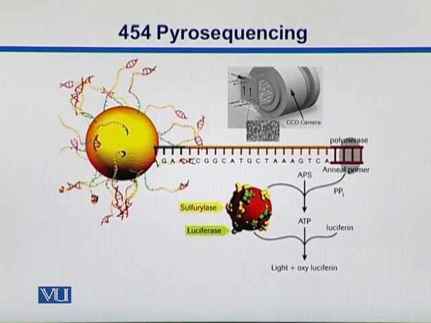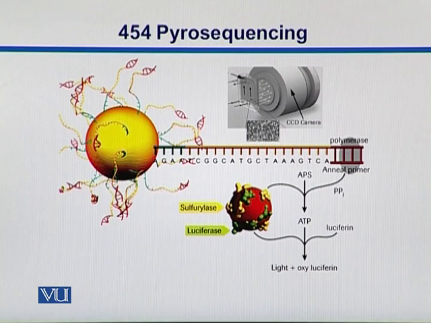Here we look into it in detail. We see a bead where we have amplified copies of the same fragment, and we are just focusing on one of them. There is a DNA polymerase enzyme attached to its terminal. There is a primer to start the amplification as well as sequencing.